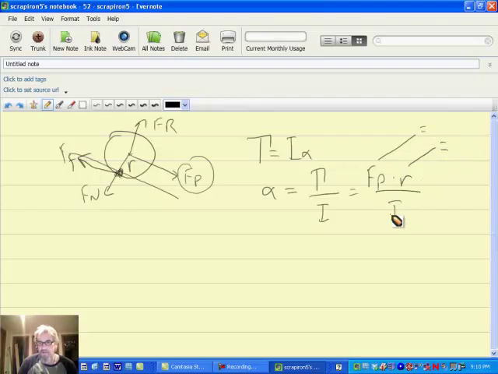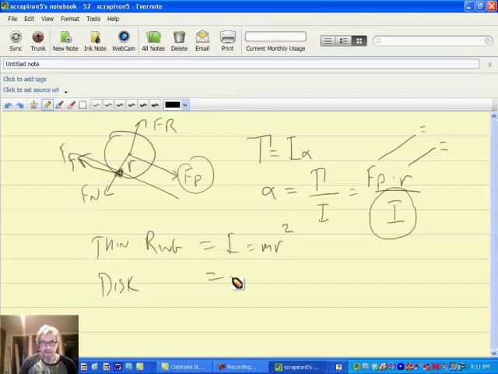So the only thing that's really different between the wooden disk and the thin ring made of brass is what I is. For the thin ring, we know that I is equal to mr squared, but for the wooden disk, I is equal to 1/2 mr squared.